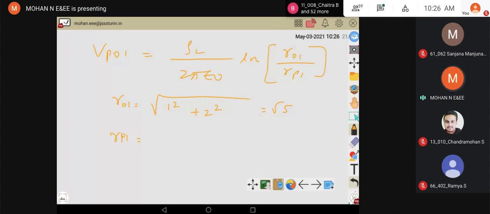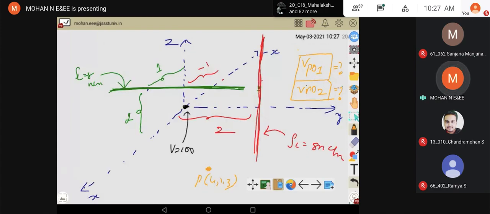RP1, again you have to take the x coordinates as well as the z coordinates. So 1 minus 4 square, and 2 minus 3 square, that is equal to root 10. Your P is at this point, so just take P's x coordinates and z coordinates only, and then solve.